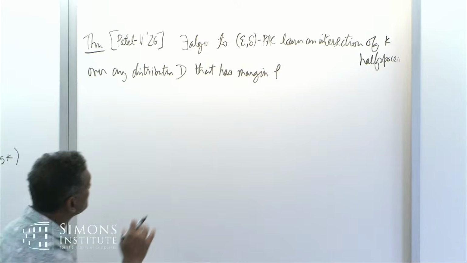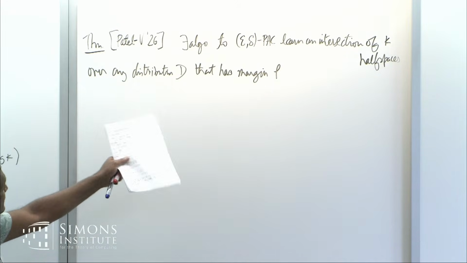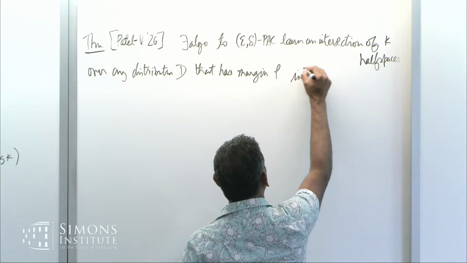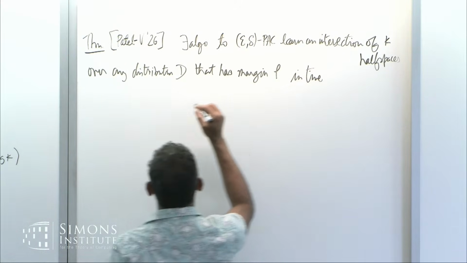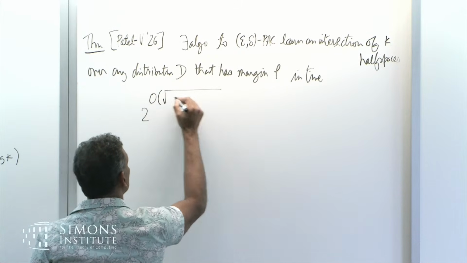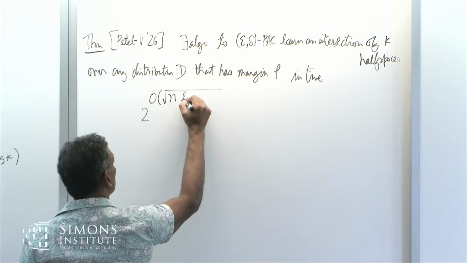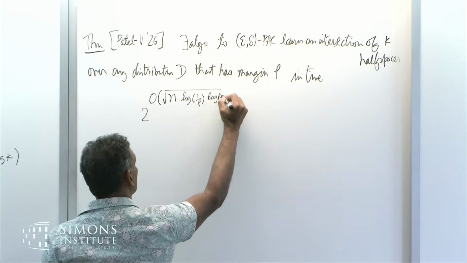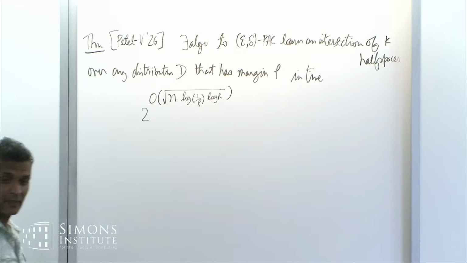Okay, so that's the full specification. So k half spaces, and you have margin rho. In time 2 to the order of square root n log 1 over rho and log k.